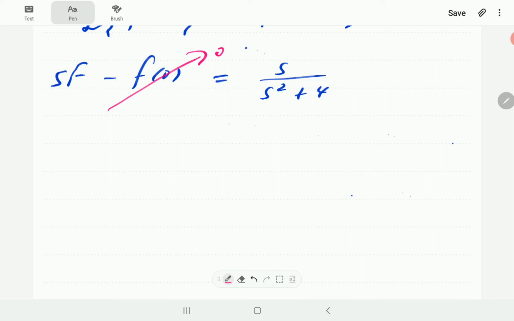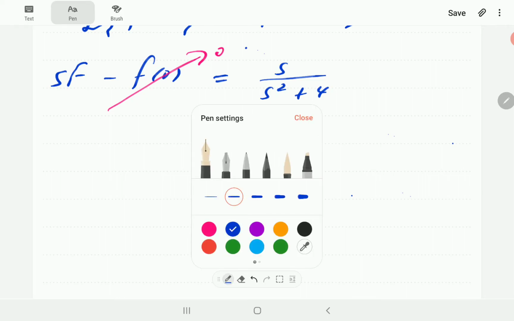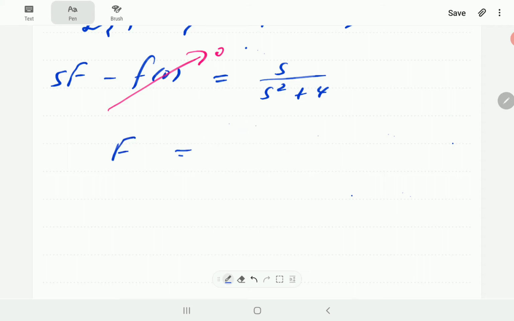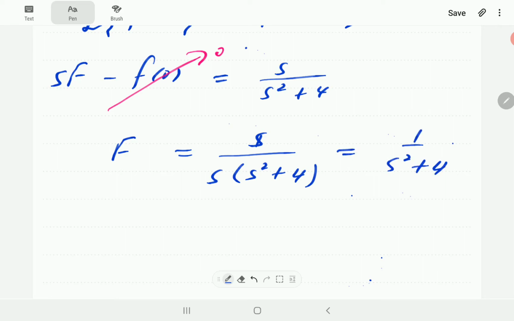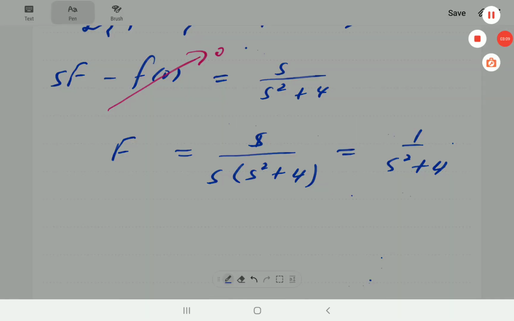So from here we can make the Laplace transform of f the subject of the formula. Just one moment there.